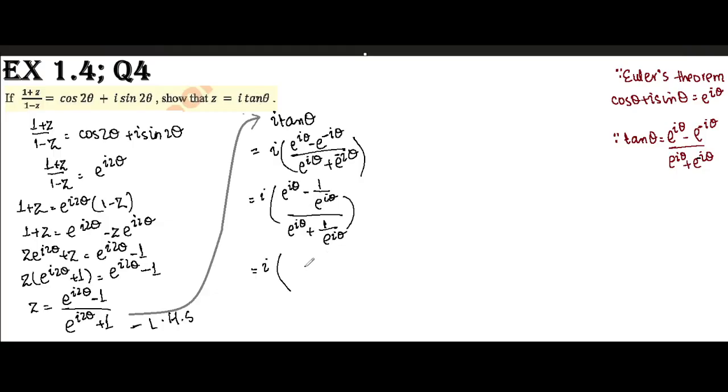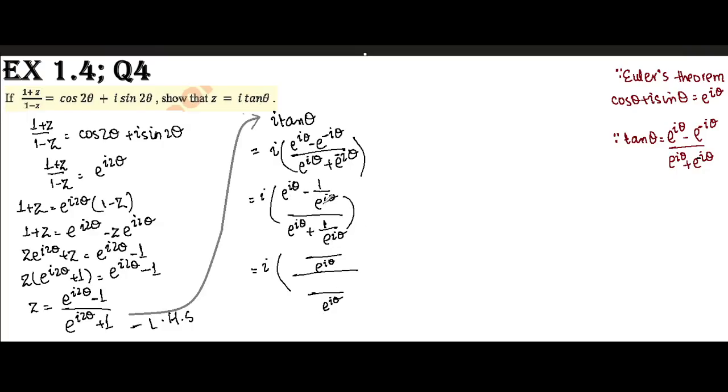Now we are going to take the LCM in the numerator as well as the LCM in the denominator. In the numerator we have e^(iθ) as the LCM, and in the denominator again we have e^(iθ).